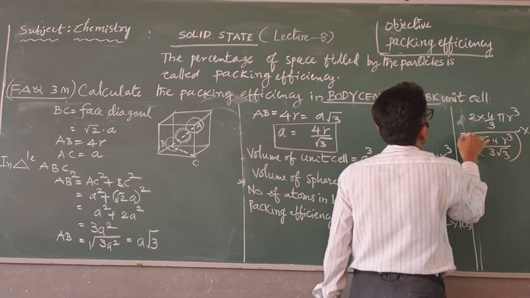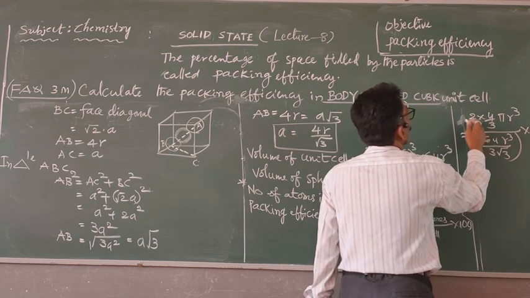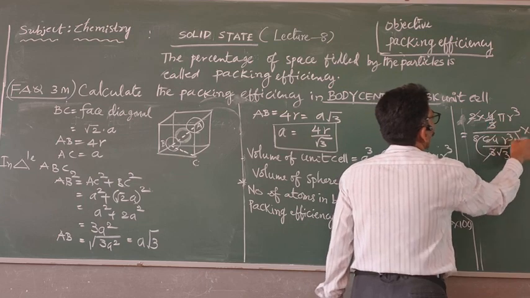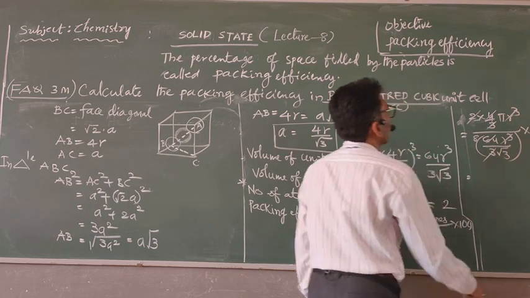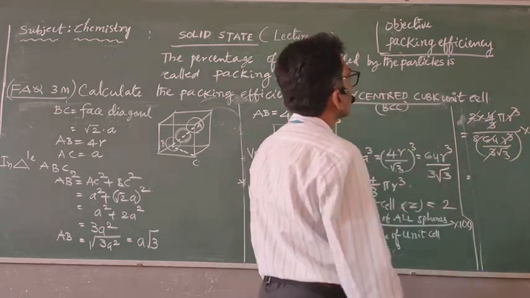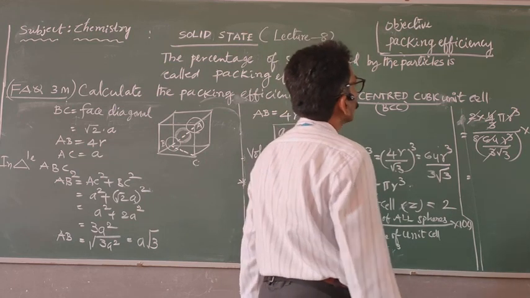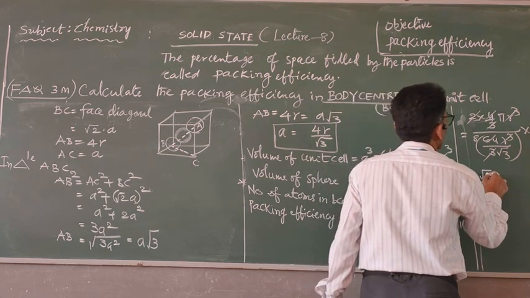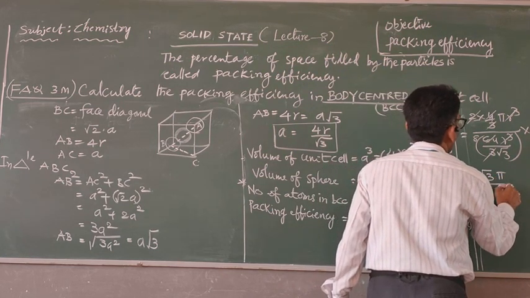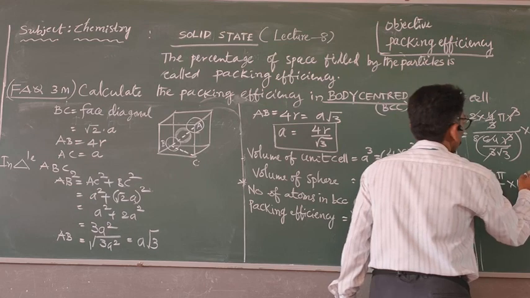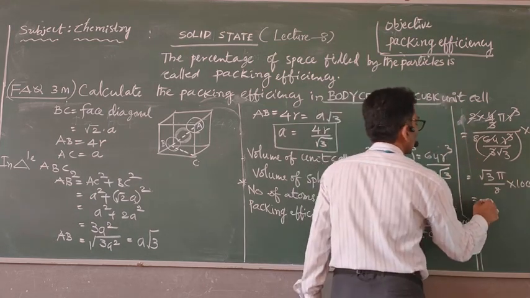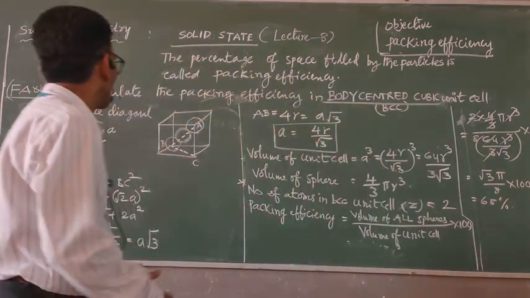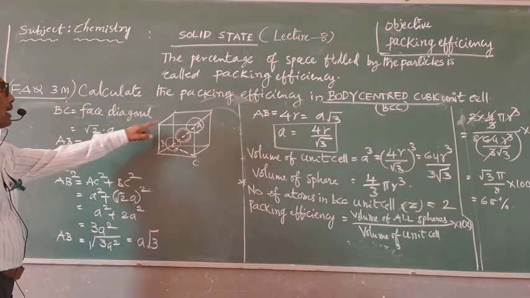If you are good at mathematics, then answer is 2 into 4, 8, 8 and 3 3 cancelled, r cube cancelled, and what is obtained? As root 3 goes upside, root 3 pi by 8 into 100, that is equal to 68%.